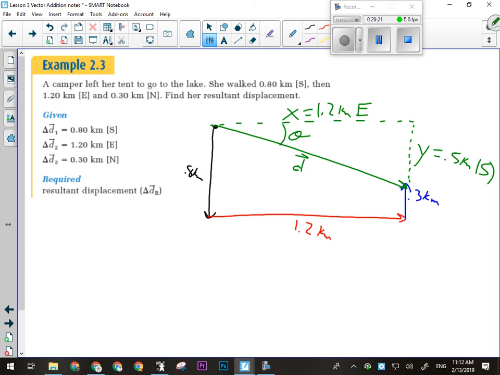Now that I have that, I can calculate the magnitude of D using the Pythagorean theorem. Then I'll find the angle using tan. In this case, the magnitude of D will be 1.2 squared plus 0.5 squared, and that'll tell me how big that is.